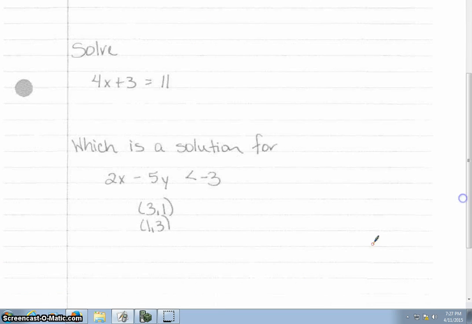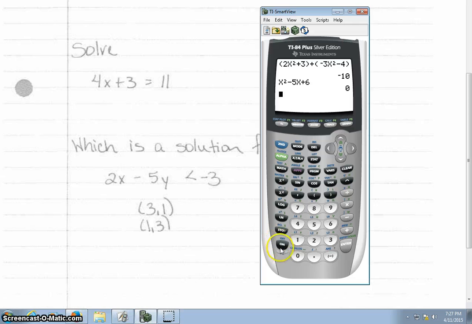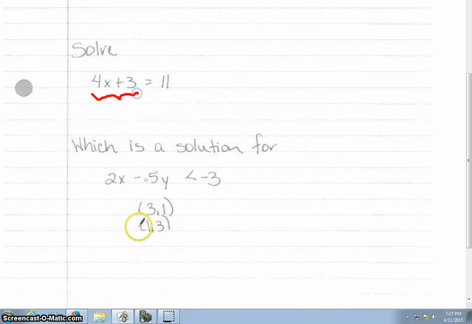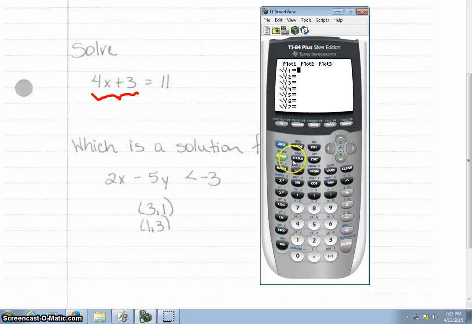All right, if they give you an equation and want you to solve it, we're still going to use a calculator, but now we're going to go to y equal. To solve an equation, you go to y equal, and everything before the equal sign goes at y1. So we will say 4x plus 3. Everything after the equal sign goes at y2, so 11 goes there.